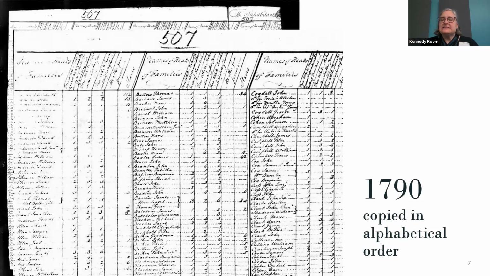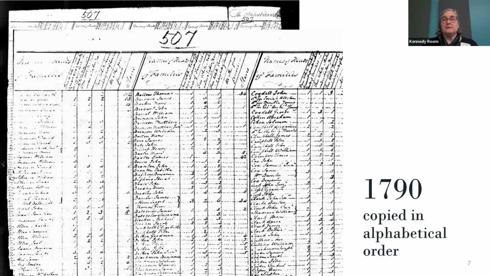The information collected by the US Federal Marshals, they were sworn to secrecy about what they were collecting. But between 1790 and 1840, they would go around and put this alphabetical list up at some central location, the courthouse, the general store, I'm not sure which, probably depended on the community.